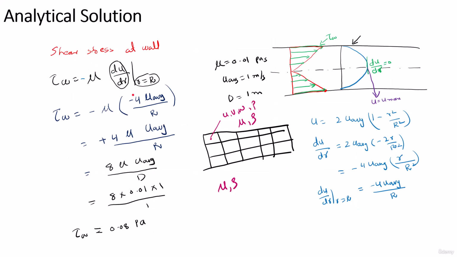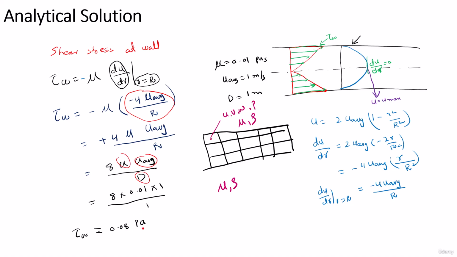So now we are getting the analytical solutions first. We know the shear stress formula is minus mu du by dr, and you know this formula exactly, where du by dr comes from putting in the velocity profile. So I get this equation and just put in the values of viscosity, velocity and diameter.